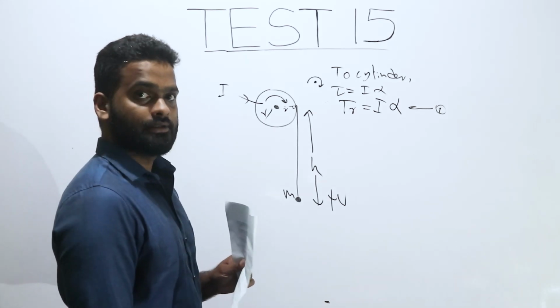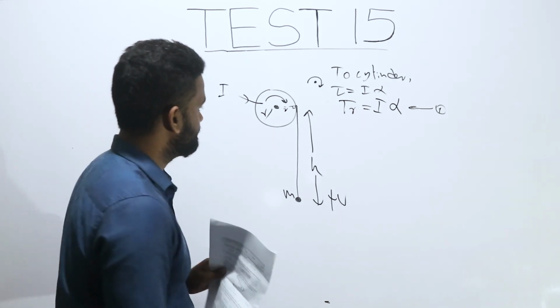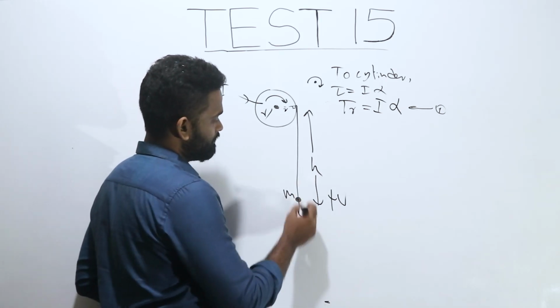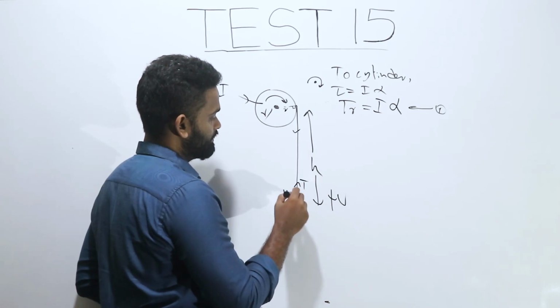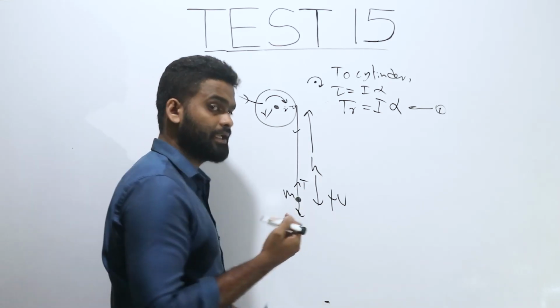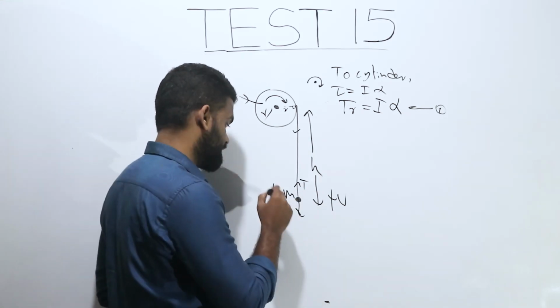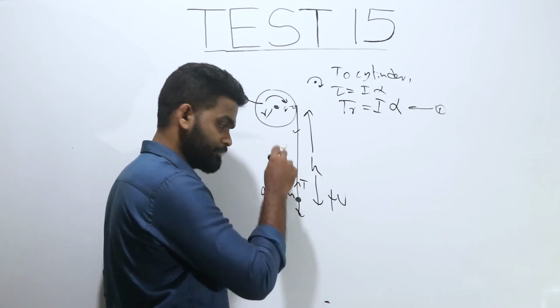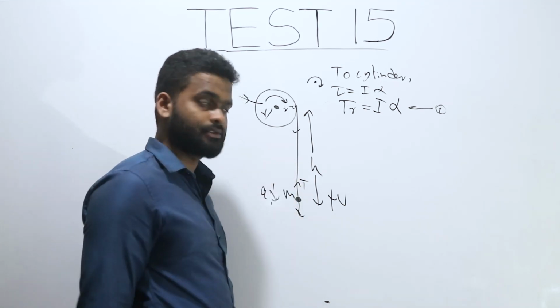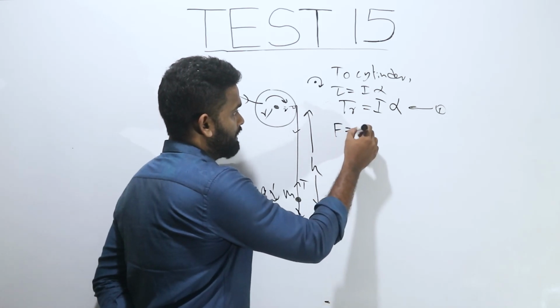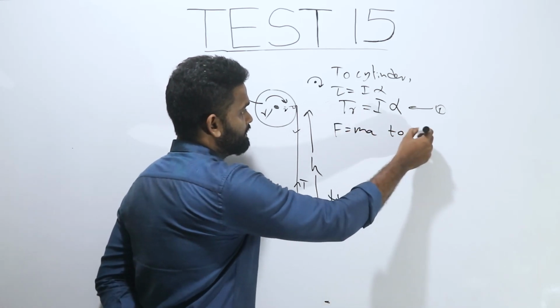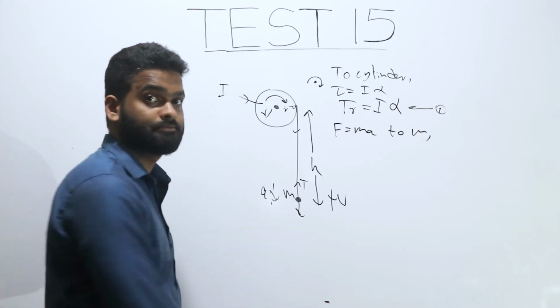Okay, then I'll apply F equals ma to this mass. This has a linear acceleration, right? This is having a linear motion. So to find the linear acceleration, I apply F equals ma to this simple m.